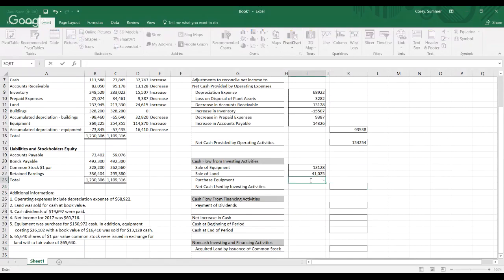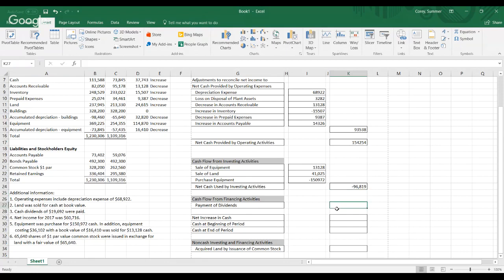So negative $150,972. And now we're just going to add all of these up together, and we have a negative 96,819.